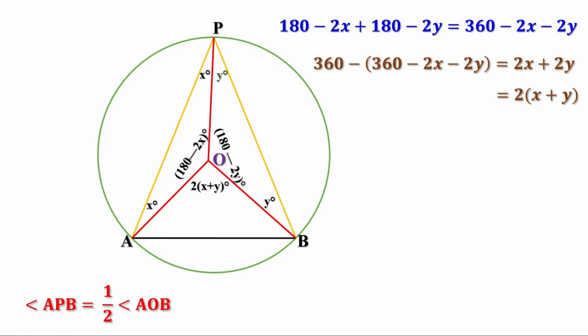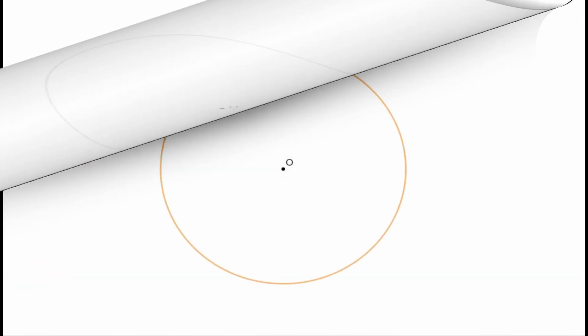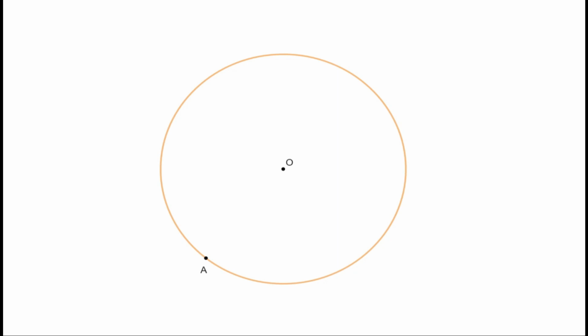Is it always true? Let us check. Let me draw a circle at first and consider the small arc AB. Join A to O, B to O. Now let me take a point P on the alternate arc.